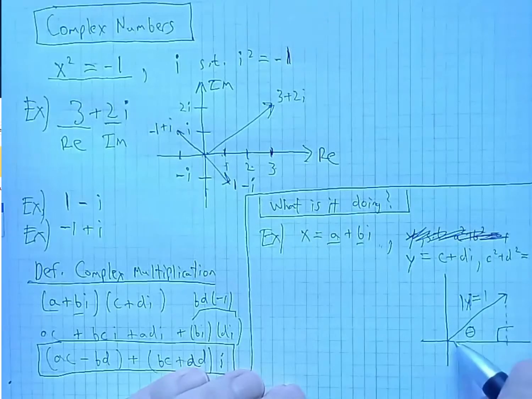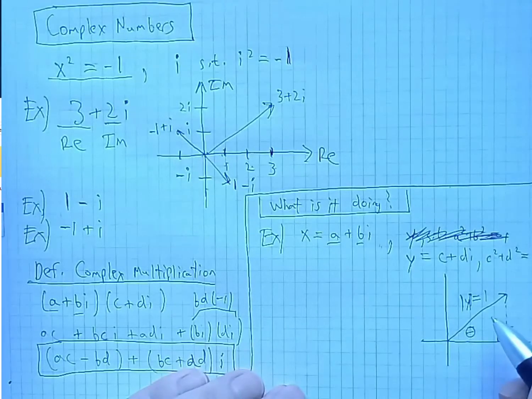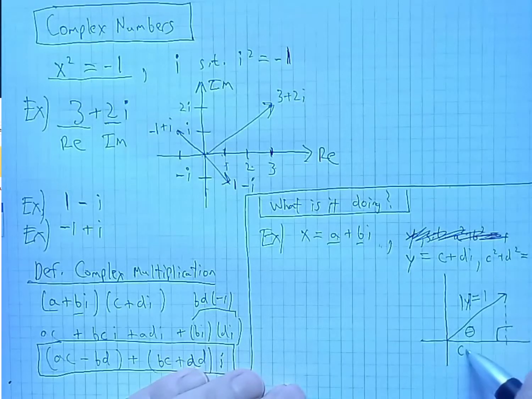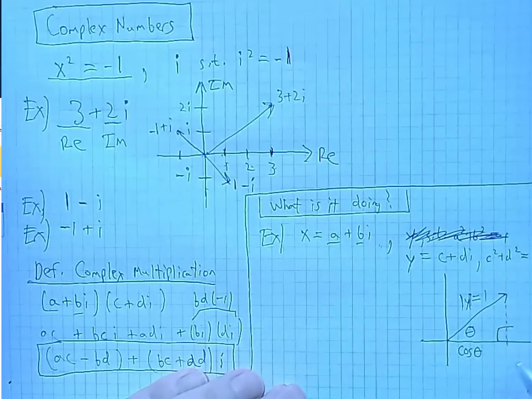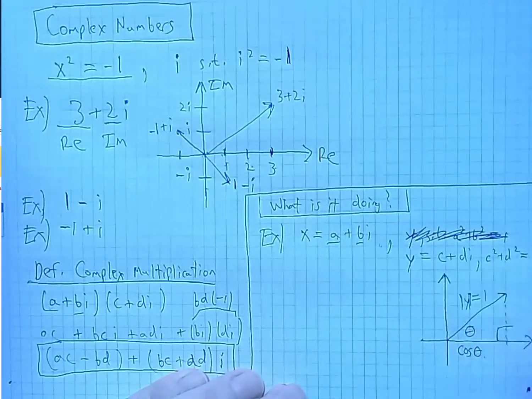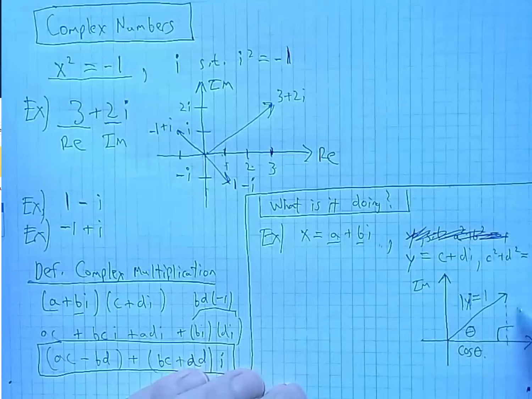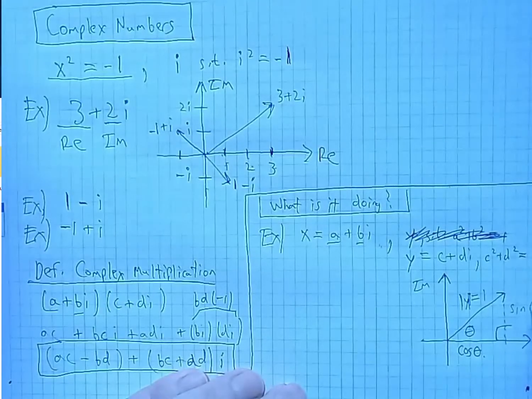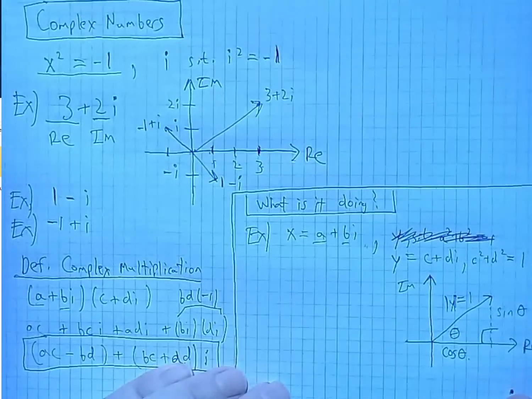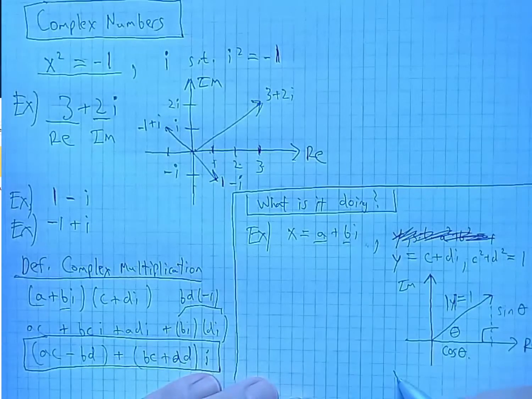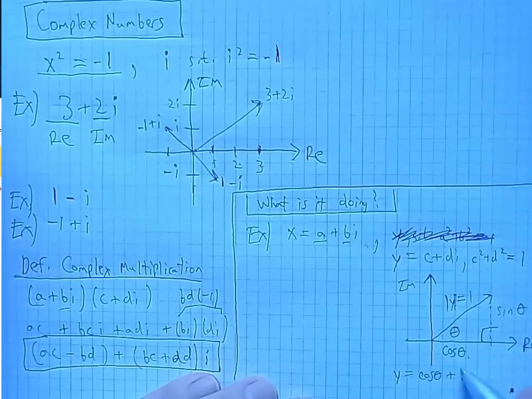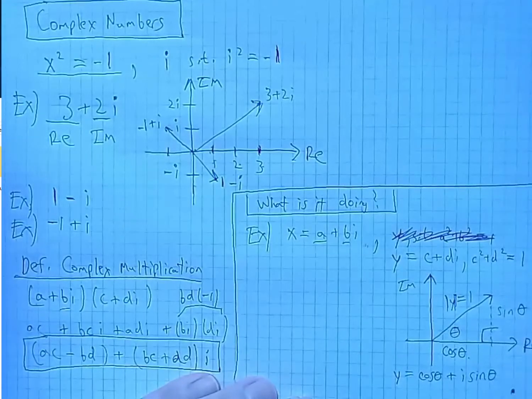And if we think of the angle that that vector makes with the origin, the x component is cosine of that angle, so the real component is the cosine of that angle, and the imaginary component is the sine of that angle. So let me rewrite this complex number y as cosine theta plus i sine theta.